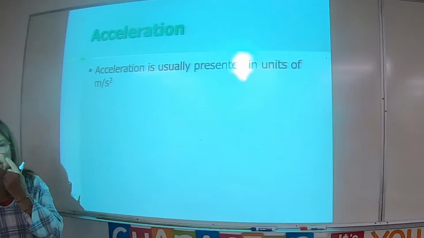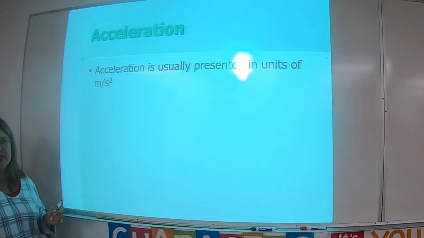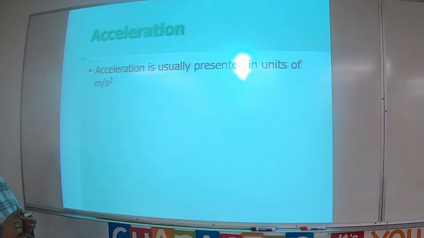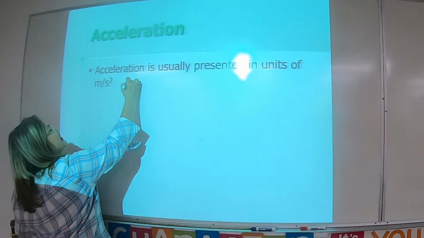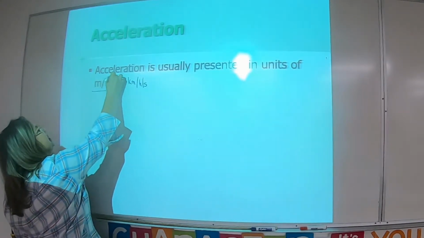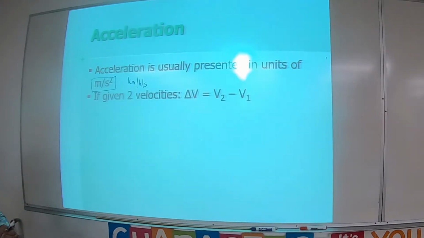When we have acceleration, usually you'll see the units as meters per second squared. Sometimes you still see kilometers per hour per second, but meters per second squared is the standard way to write it.